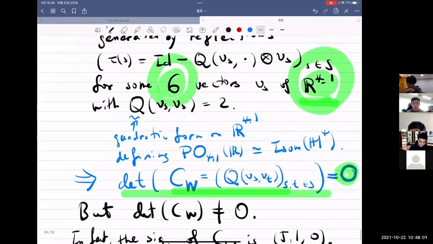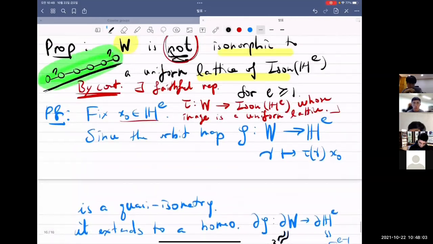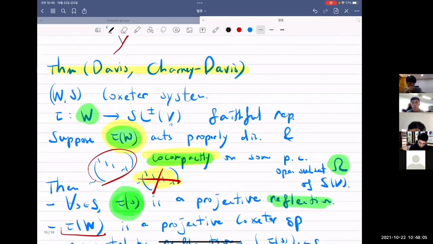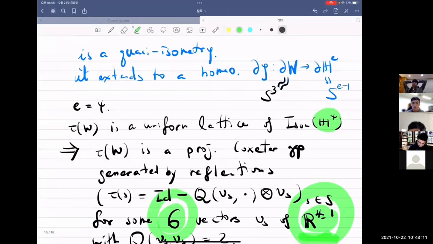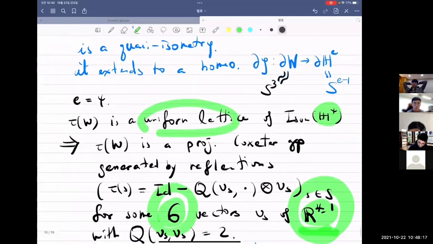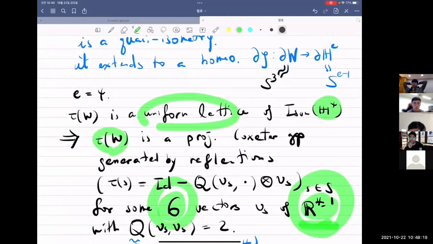The essential part is again the Davis and Charney-Davis theorems, saying that because we have a uniform lattice, the action is cocompact on H4. That's why this group has no choice: it should be the reflection group generated by these reflections.